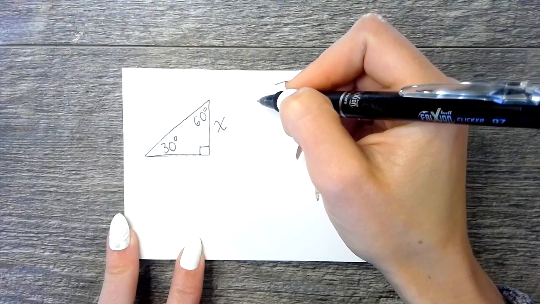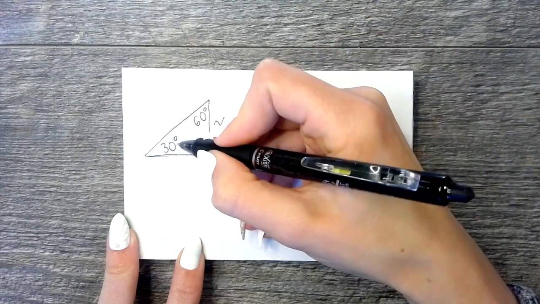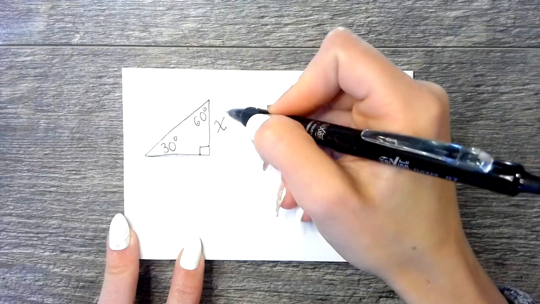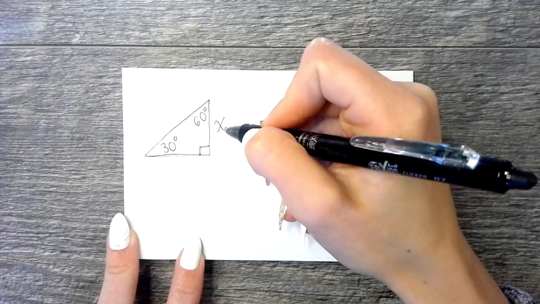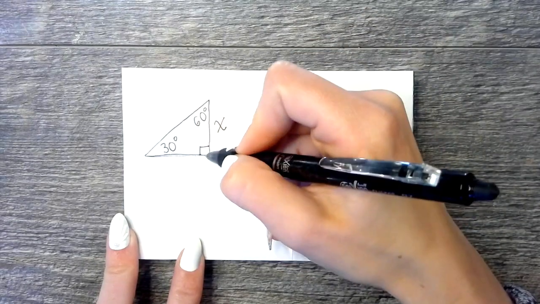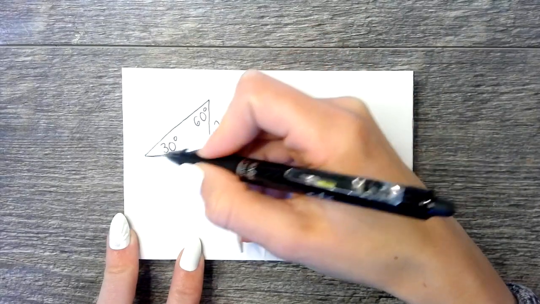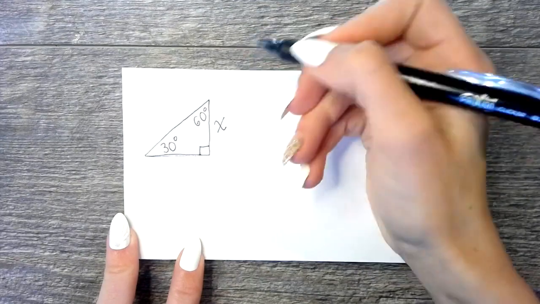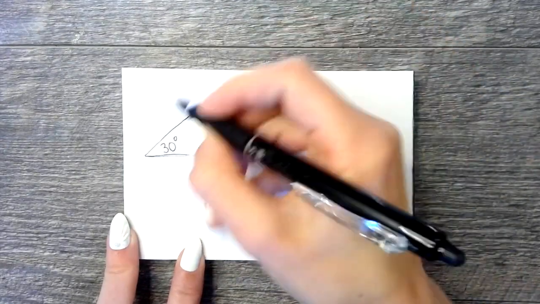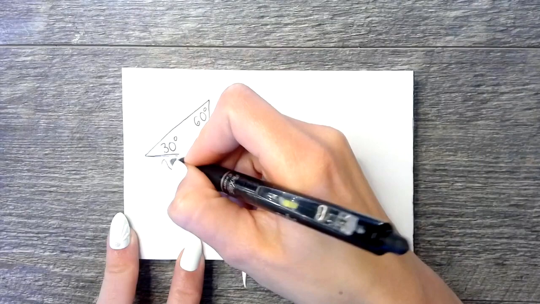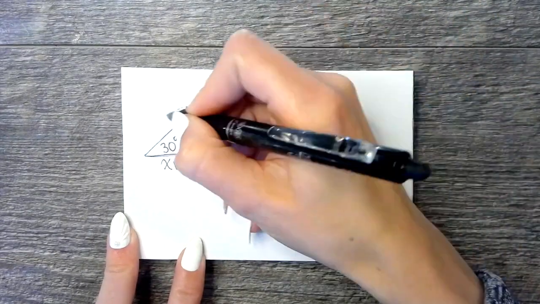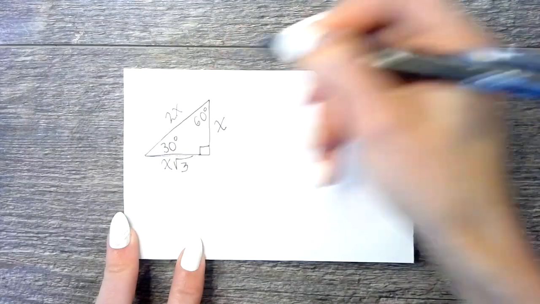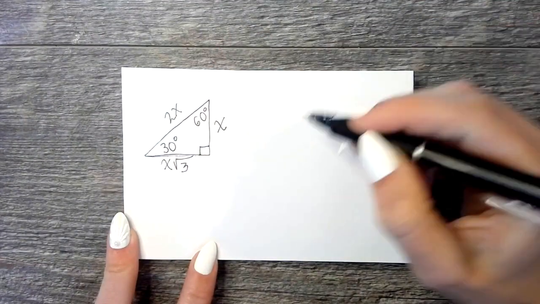Now, the expressions you use to label each side back in your days of geometry included the value of x across from 30 degrees. X radical 3 was the longer leg, which is across from 60, and 2x is across from the 90 degree, or it was the hypotenuse. So the hypotenuse was twice the length of the short leg.